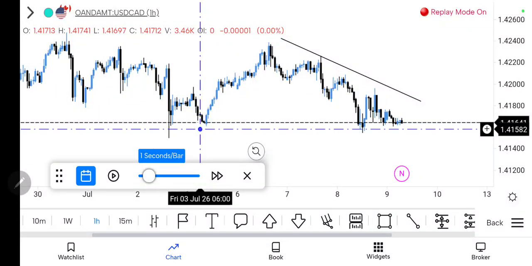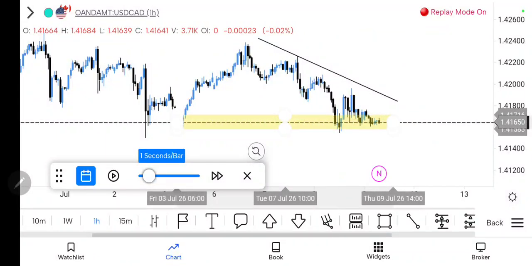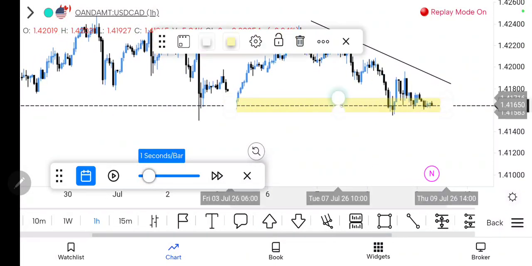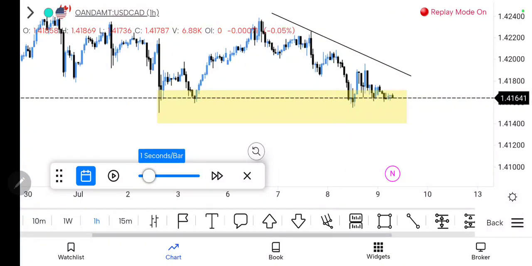So we have this level right here, but I'll enlarge the zone to cover this week as well. So we have that level there.